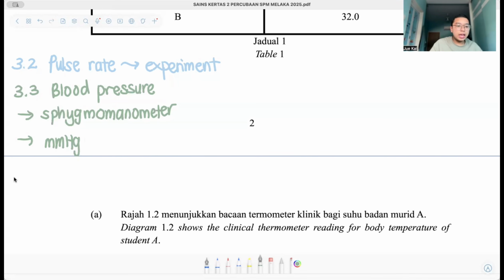Okay, and for example, I give you a random number. Oh my gosh, what's happening with my pen today? Wait.